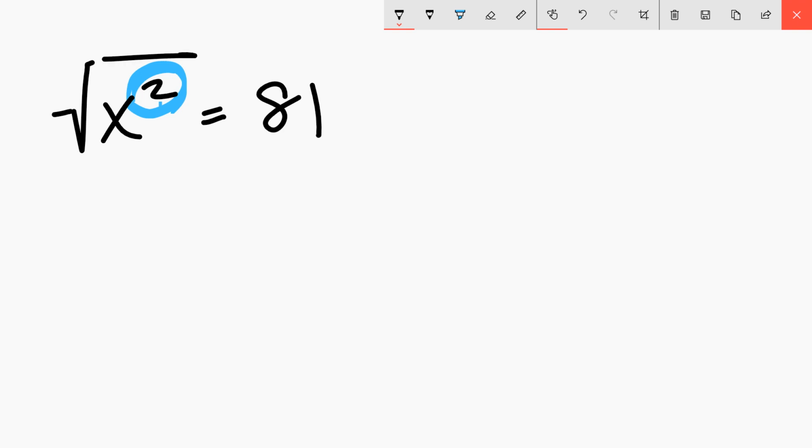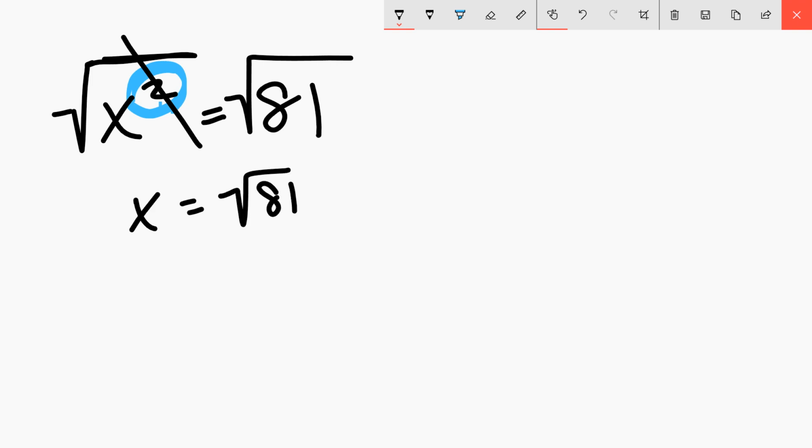So I'm going to square root both sides of my equation. Just like how you solve for any x equation, you're going to do the same thing on both sides. Square root it because my power and my radical would cancel. And x is the square root of 81. You can plug that into a calculator and get 9.